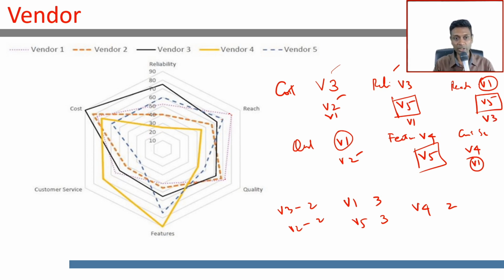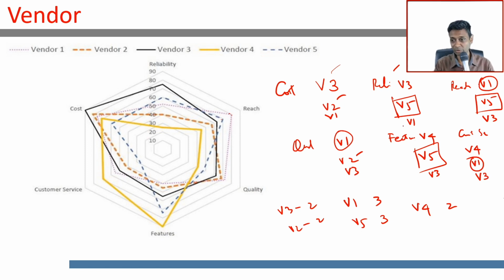And then quality would be V1, V2, V3. Then features, V4, V5, V3. Customer service, V4, V1, V3.